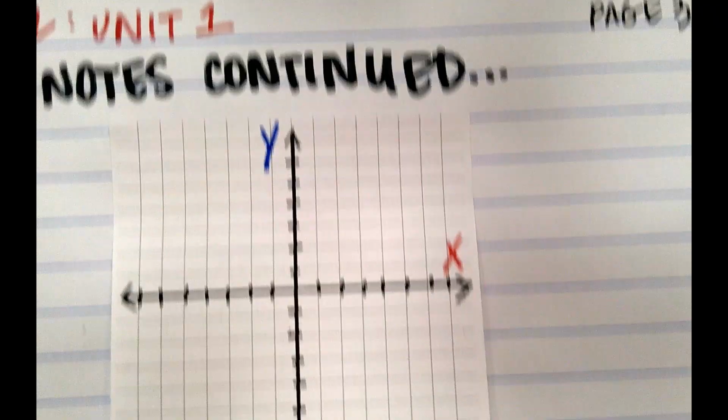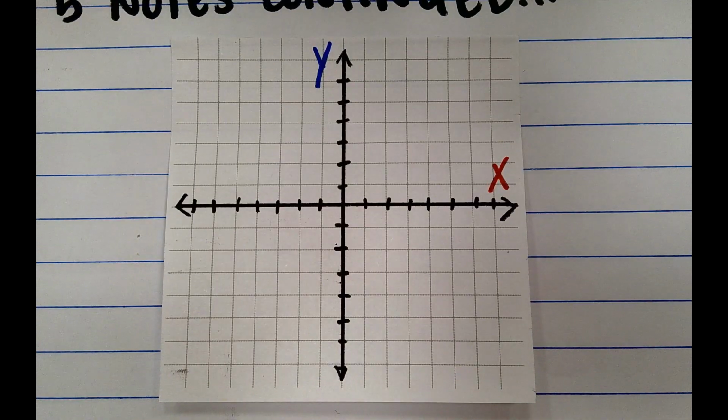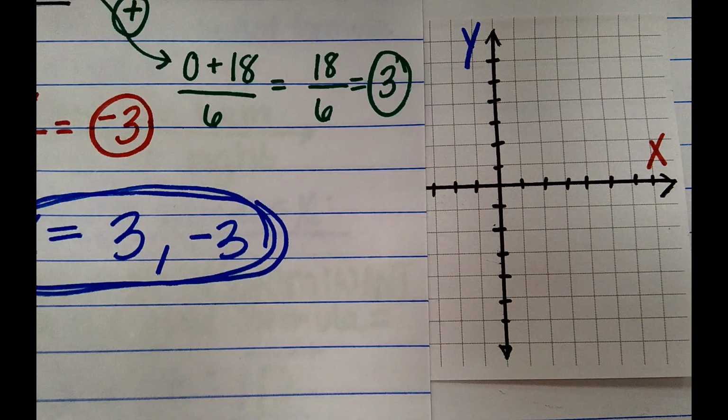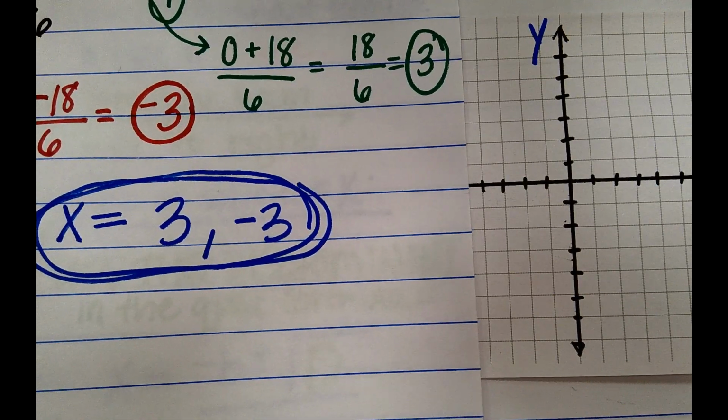Now, I'm going to go back to one of the problems we solved together. Let me rip out my notes so I have it. The last problem we solved, we got x equals positive 3 and x equals negative 3.